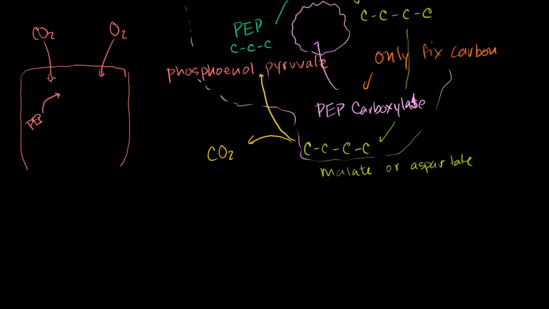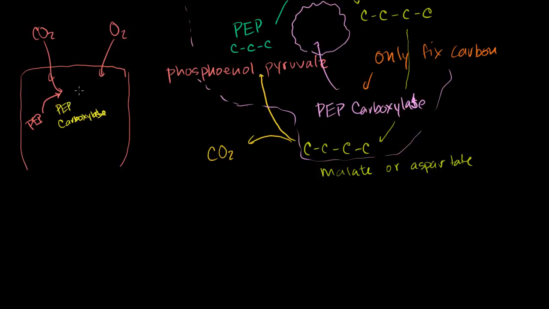Only CO2 can be reacted with PEP because of the PEP carboxylase. This is the enzyme that's operating. This is much more specific than the ribulose bisphosphate carboxylase, or the Rubisco. So the oxygen just gets ignored, even though it's hanging around these mesophyll cells.